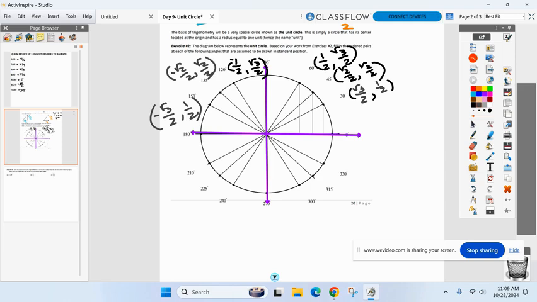Point, like an XY coordinate at 45. We didn't jot it down for whatever reason. Radical 2 over 2, comma radical 2 over 2. So that's your point at 225 with the correct signs.